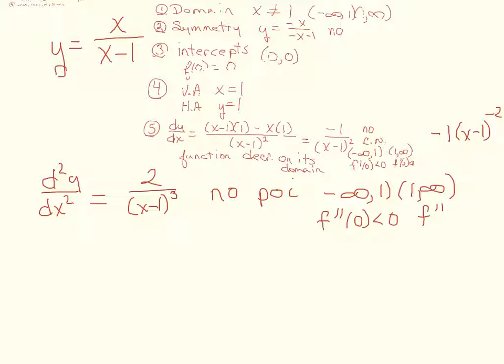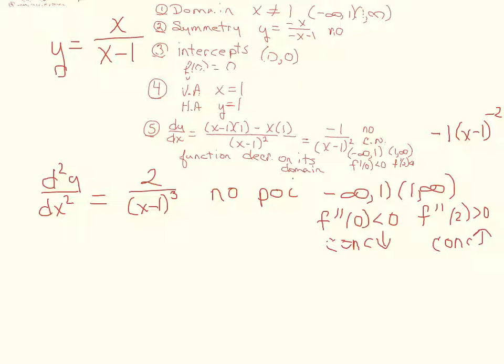If I plug in a 2, it's going to be positive. So we are concave up from 1 to infinity and concave down from -infinity to 1.